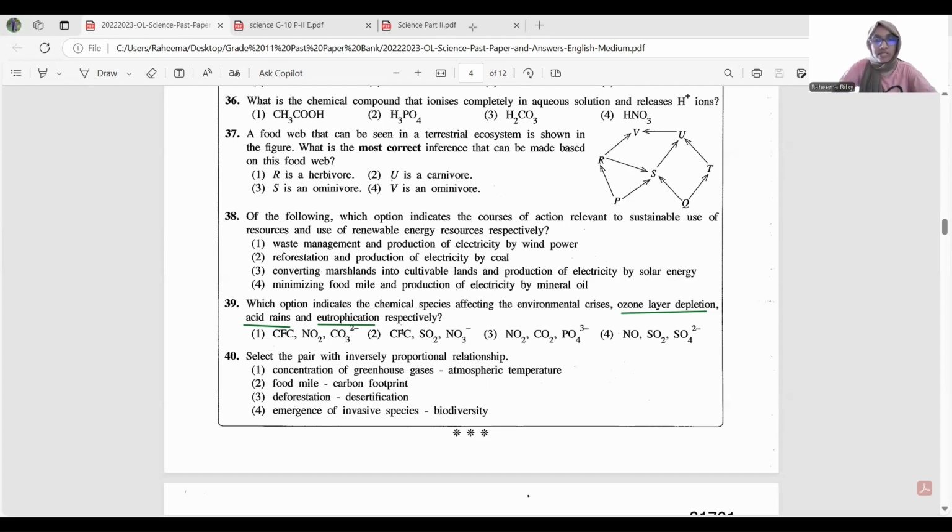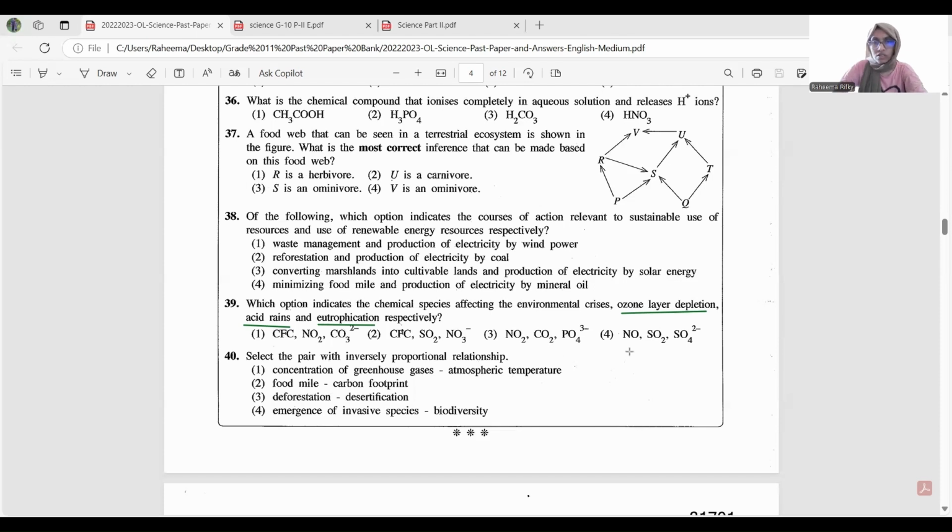Okay, now we'll think of ozone layer depletion. When I take ozone layer depletion, of course, I can take CFC. Yes, I can take CFC and NO2 and NO also, right? So all four, it's matching, right? And acid rain. For acid rain, of course, sulfur oxides and nitrogen oxides. Okay, then the first and second. Yes, first and second we can take.